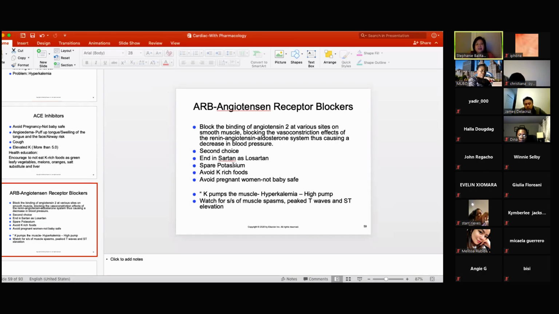Okay, so the thing about potassium is potassium is kind of like a pump. Potassium pumps the muscle. So if you have hyperkalemia, it's a higher pump. When you say a higher pump, usually you will have muscle spasms.